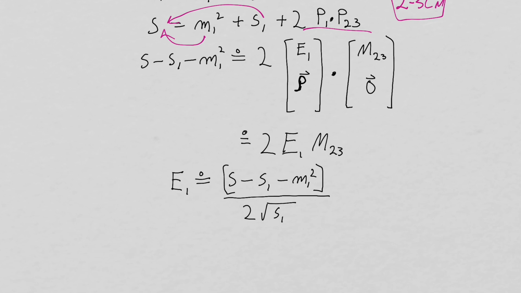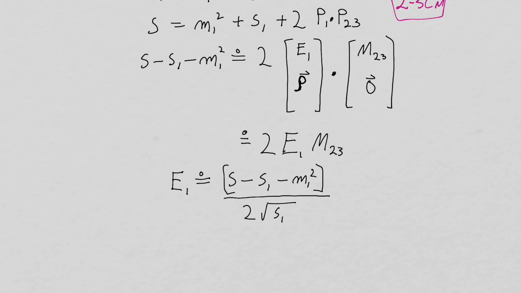And let's see, then what happened next? Yeah, well, then I just solved for E1, right? How hard was that? So E1 was equal to S minus S1 minus M1 squared, and I had to divide by 2 times the mass of 2,3, right?